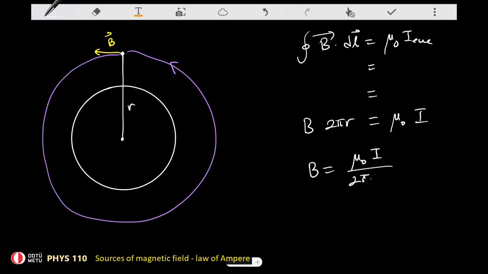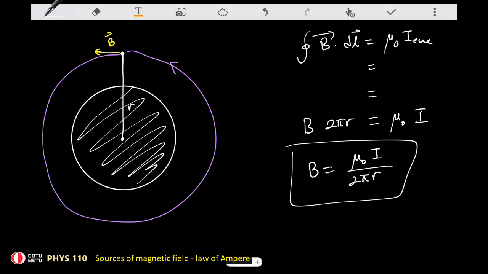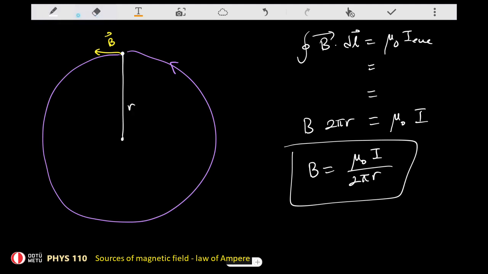So you can see that we meet the same expression over and over again. So as a result, if you have a current carried by a cylindrical wire, and if that current has this cylindrical symmetry, the magnetic field produced at a point outside is the same as if this whole current is actually flowing through the axis by an extremely thin wire.